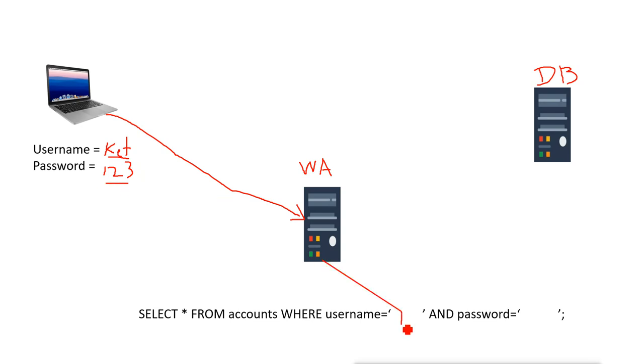In the username place, it will add cat here, and in the password field, where the quotes are already there, the quotes are already configured here, the password will be added, and then this query will be executed on the database server.